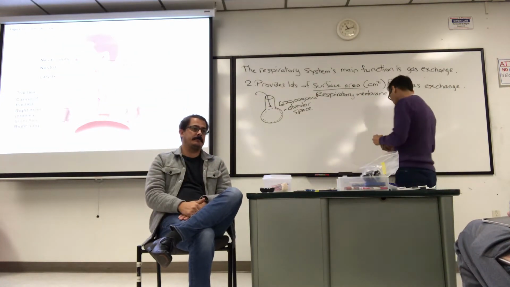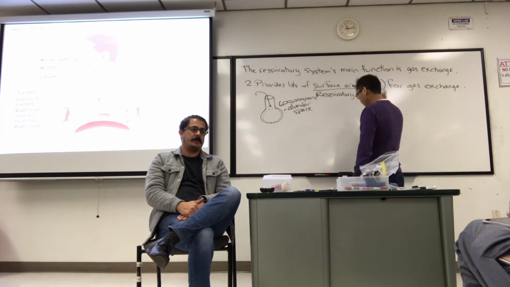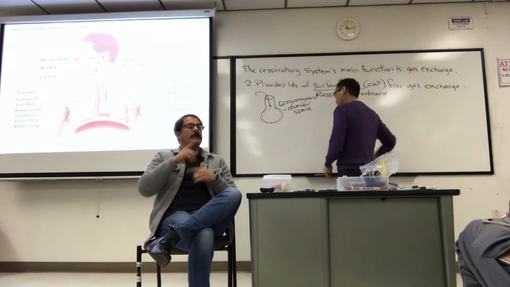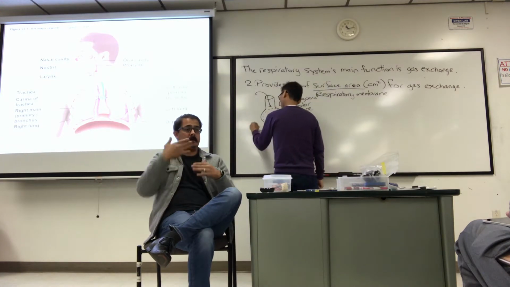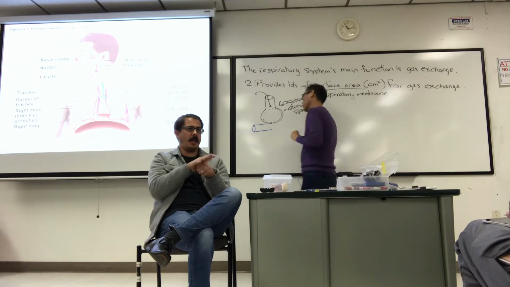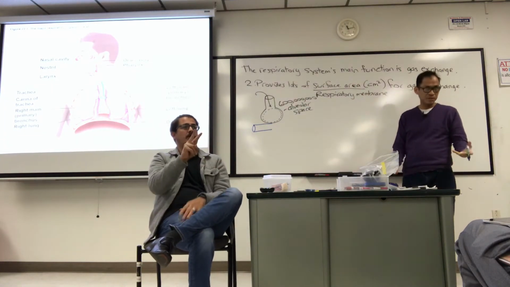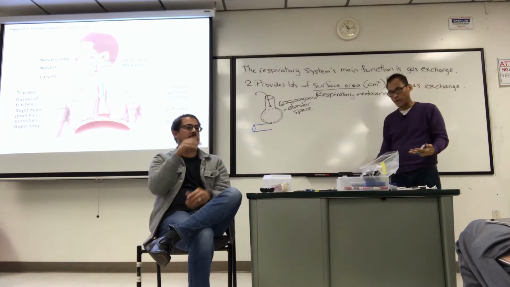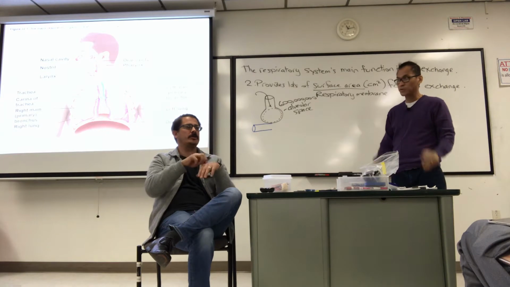Anyways, you ventilate, but then you have to have this respiratory membrane. Blood's coming in, oxygen poor. The goal is to dump CO2 and pick up O2. That's the exchange. CO2 is a metabolic waste product that builds up in your tissues, and the right heart pumps that blood to the lungs so you can breathe it off.